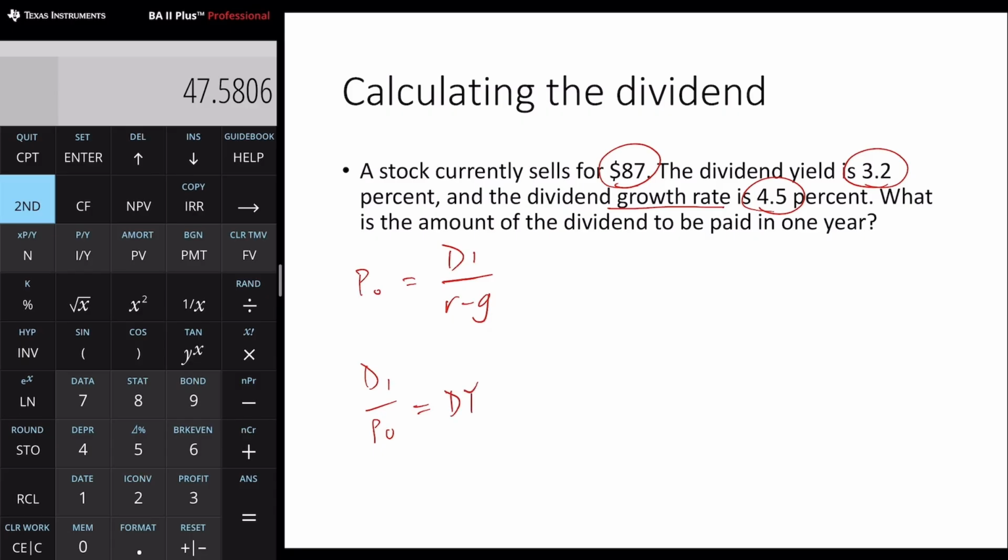We'll write that as dy. So in this case, it's relatively easy to calculate this because we're given the dividend yield, which is 0.032, and we're given P0, which is $87. So one strategy is to say, okay, what's 87 times 0.032? D1 is 2.78, and that's our answer.